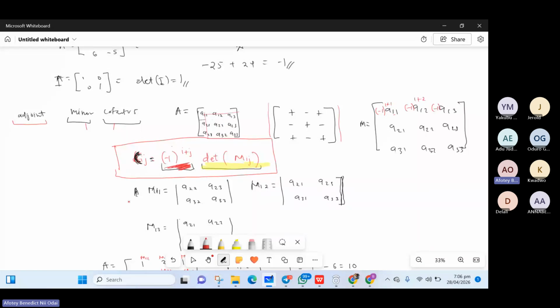Again, negative 1 to the power 1 plus 3. And we go in that order: negative 1 to the power 2 plus 1, negative 1 to the power 2 plus 2, negative 1 to the power 2 plus 3.